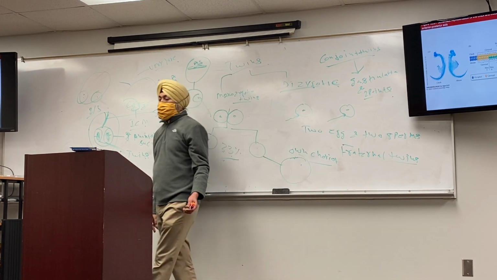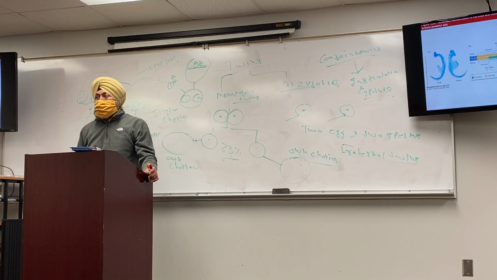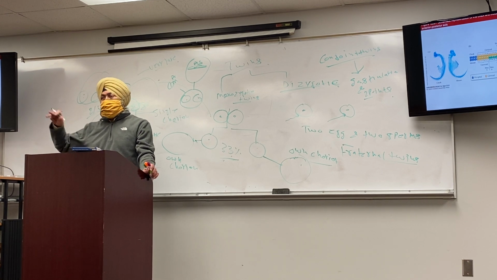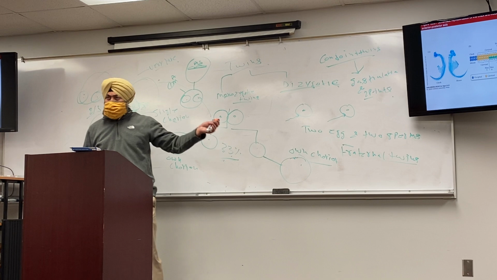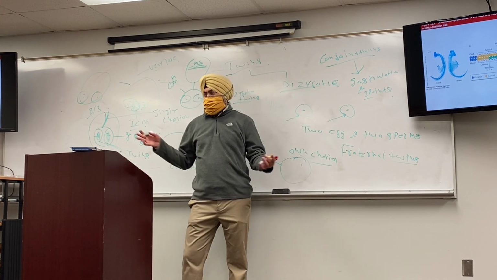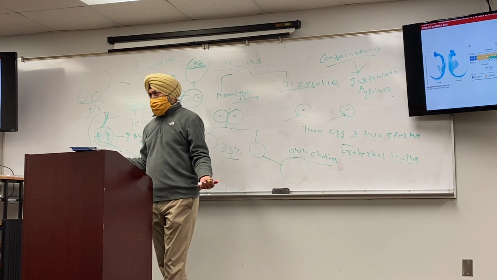You can have conjoined twins. So what we are saying is that twins are either monozygotic or fraternal. Fraternal: two separate fertilization events, two separate eggs, two separate sperm, giving you two genetically different people.